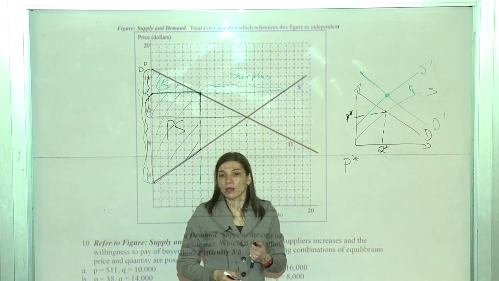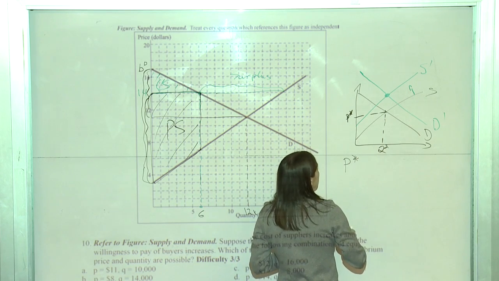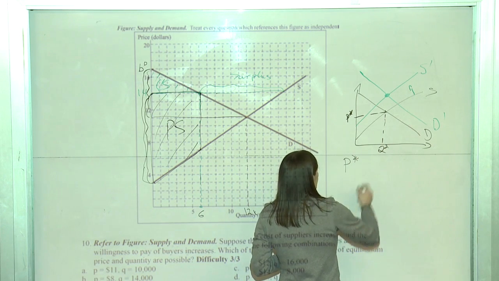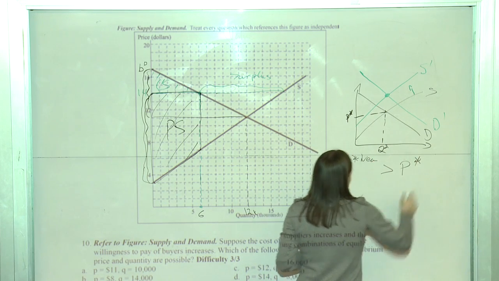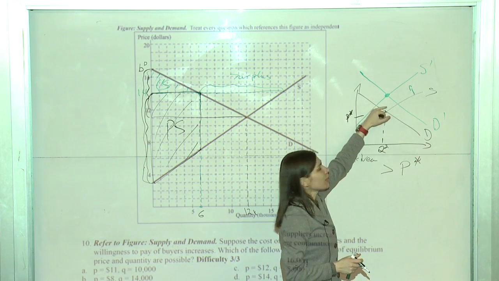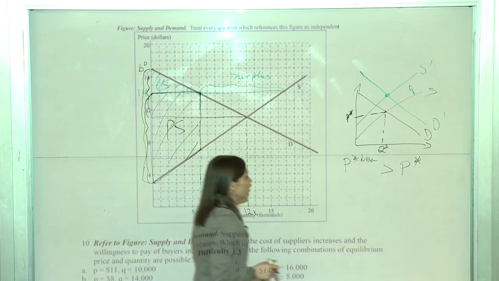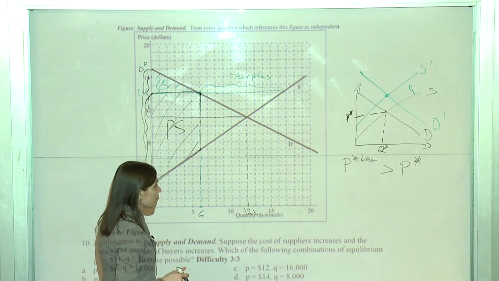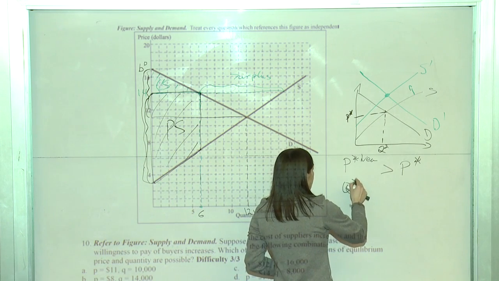It's always going to be higher than the original equilibrium. Because the way the shifts work, they're always going to end up at a point that's above the initial price. Okay, so we know the price is going to be higher. What do we know about the new quantity?